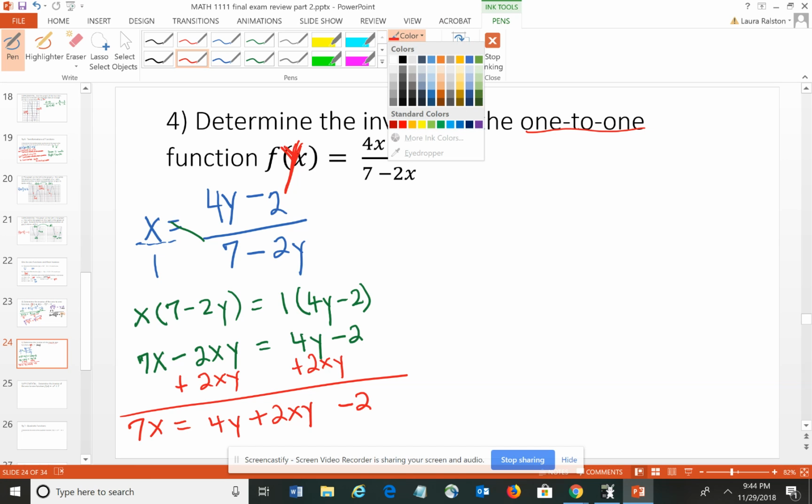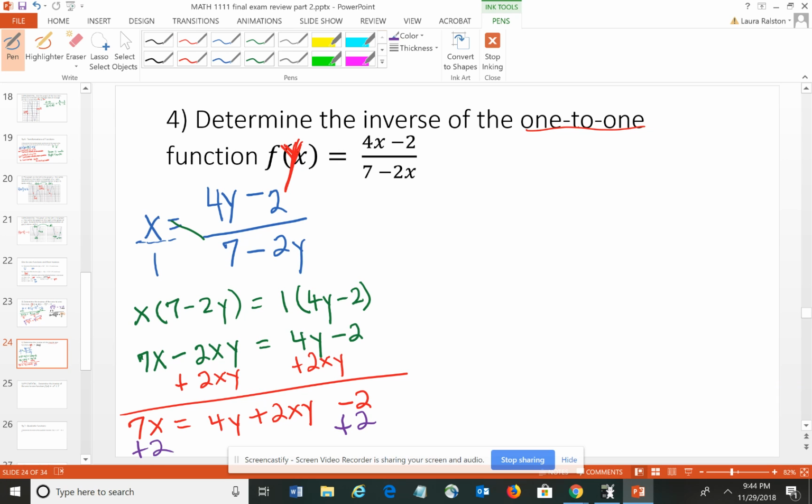Again, I'm trying to solve for y, so I need to get it all by itself as much as possible. So I want to move the 2 to the other side. So I'm going to add 2, so that I have 7x plus 2 equals 4y plus 2xy.